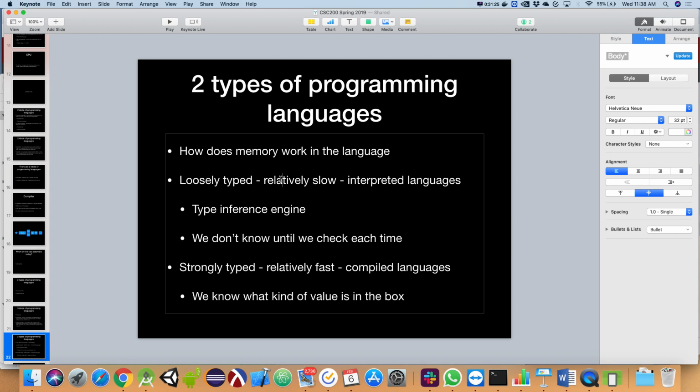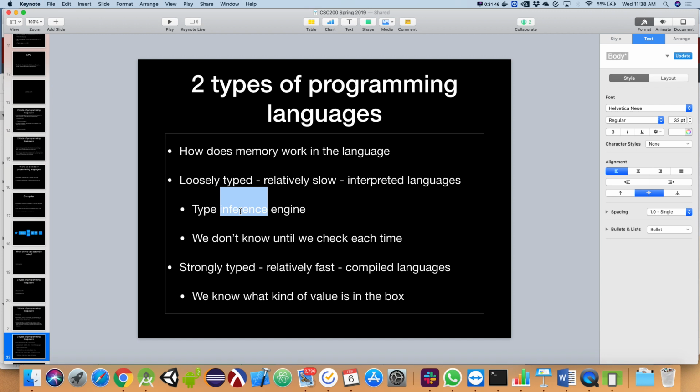Similarly, nearly all strongly typed languages are also compiled languages. All right, so loosely typed means it has to be relatively slow because we need this thing called the type inference engine, which kind of peeks inside the container before it allows you to do logic with it.